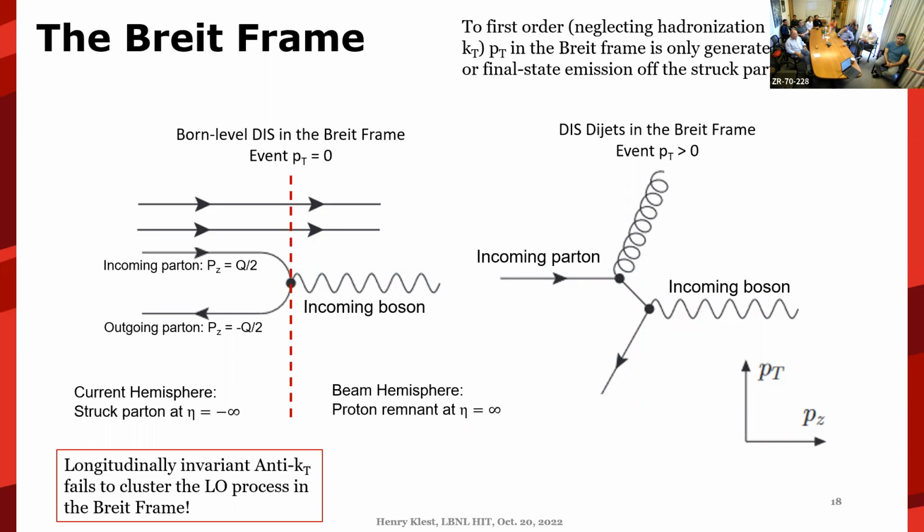People do use the Breit frame for Q squared equals 5 GeV squared kinds of measurements, but to me it's not really clear what you're doing there, because you're not in the regime where the quark parton model as formulated N years ago is really applicable.